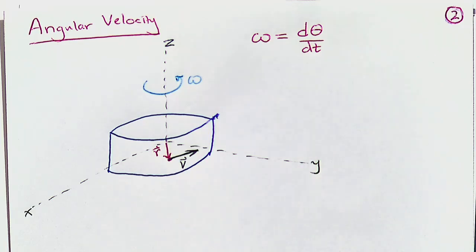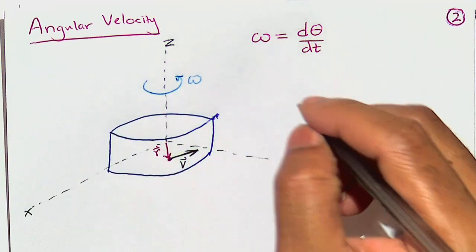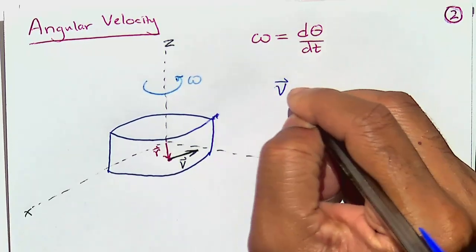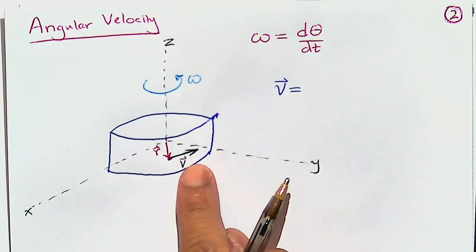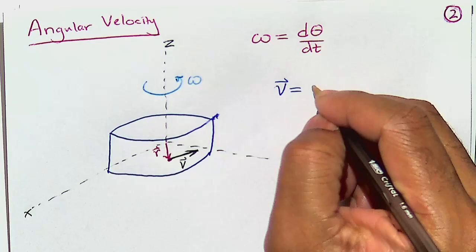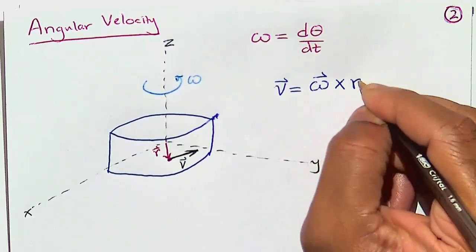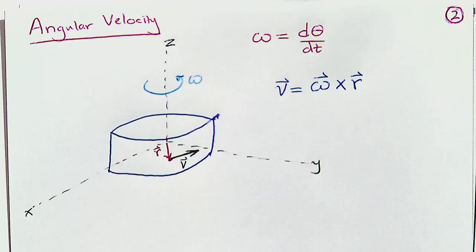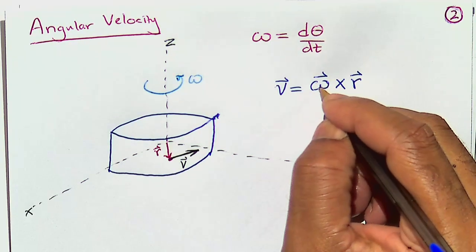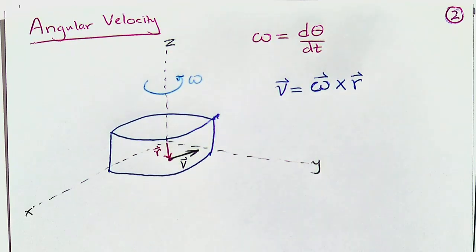And the way you figure out the direction is to say velocity, tangential velocity, this velocity here, is equal to omega, the vector, crossed with position, the vector. Okay? So which way does omega point to make all this consistent?